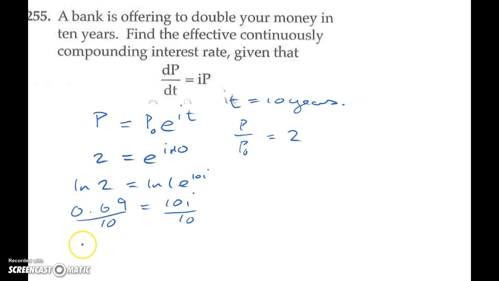So that will give me 0.069 equals I. So my interest rate, remember it's as a percentage, 6.9%.